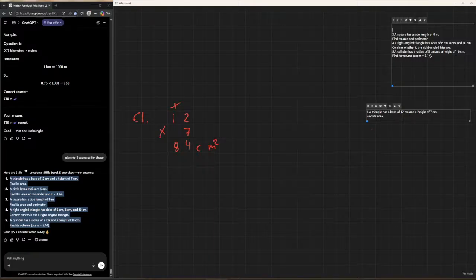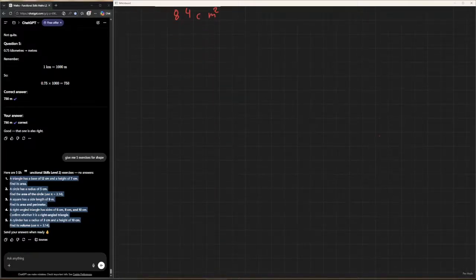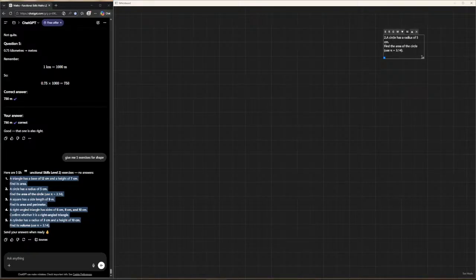Question 2. A circle has a radius of 5 centimeters. Find the area of the circle when pi is 3.14.